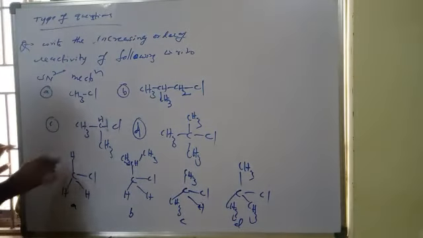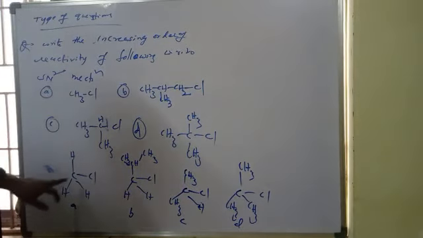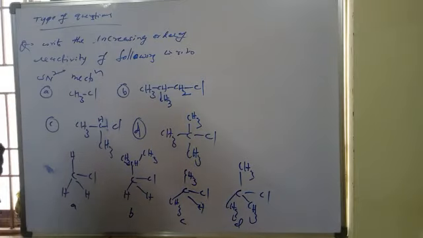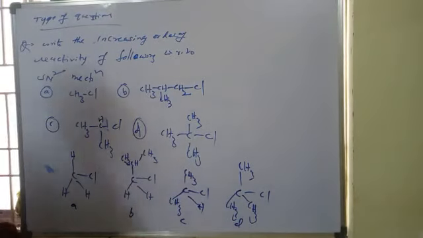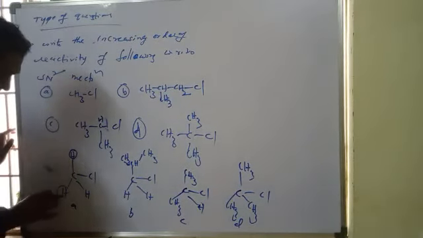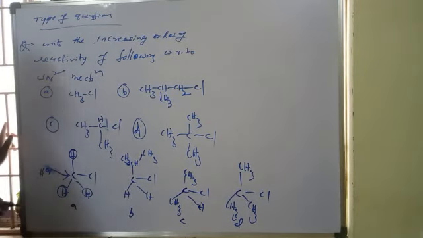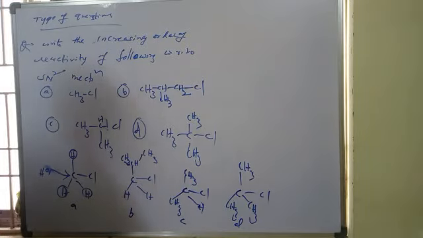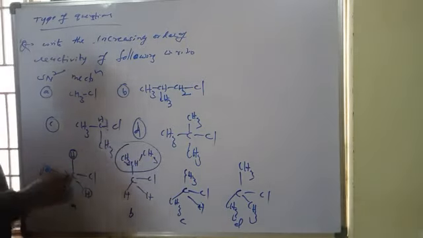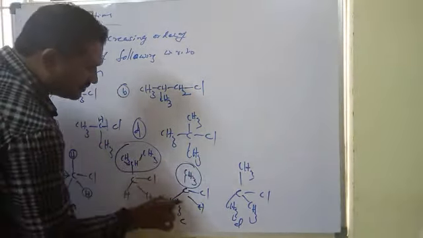Now, at the alpha position, if less hindrance is present, that favors the SN2 mechanism. These are very small groups, so OH can attack from the backside easily. Here is a somewhat bulky group, and here two bulky groups.